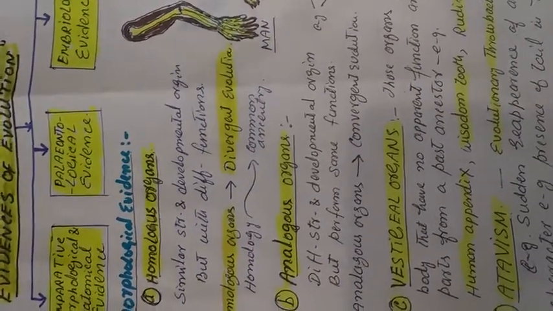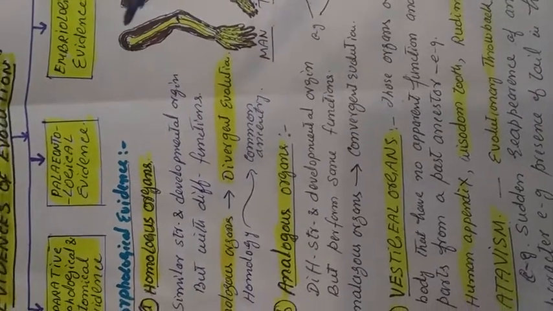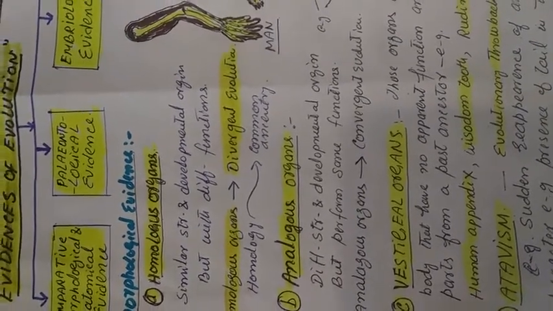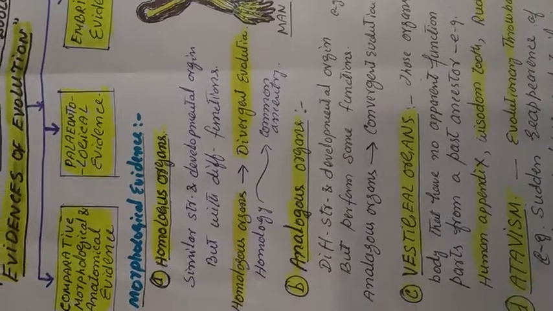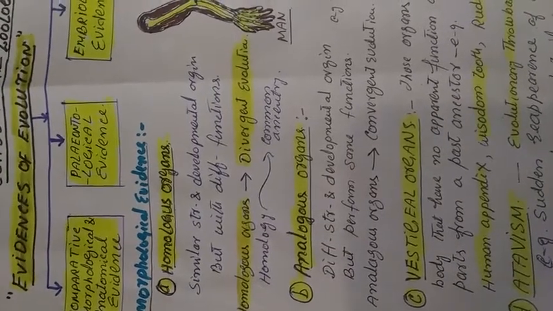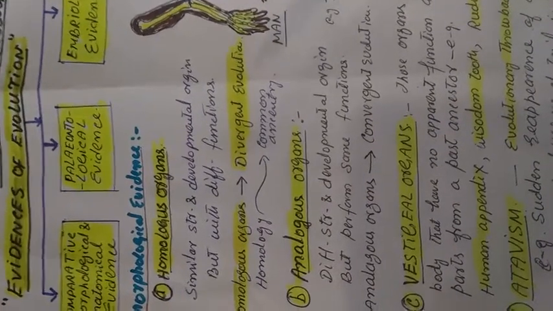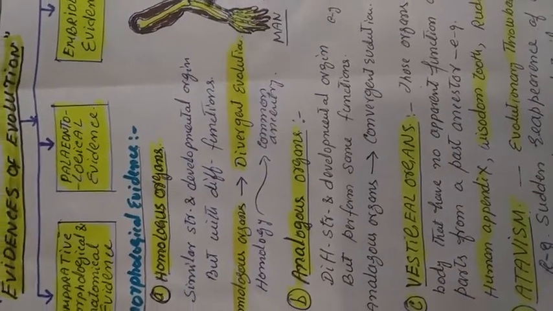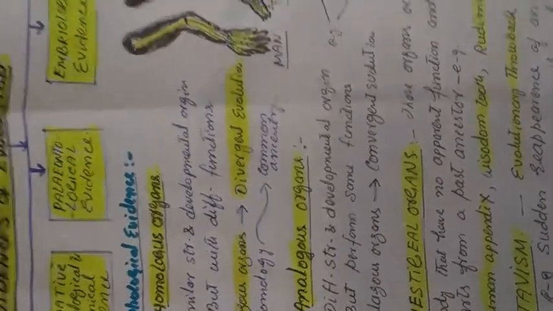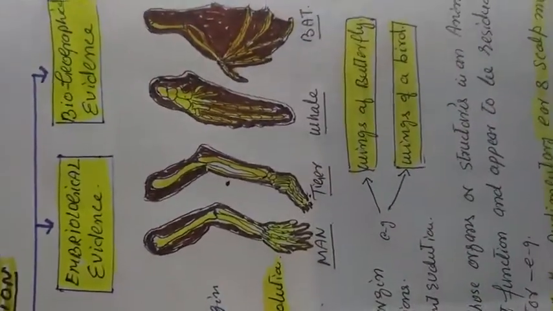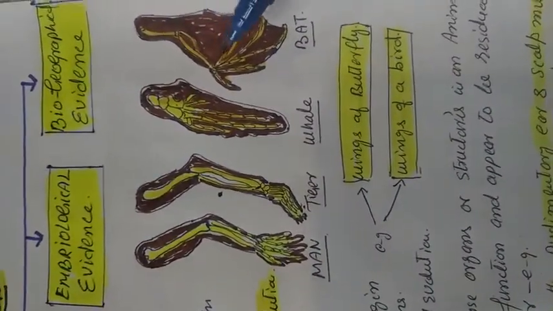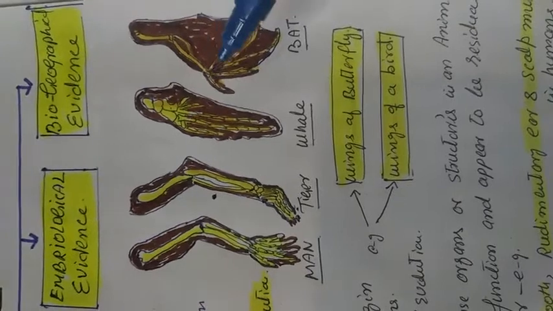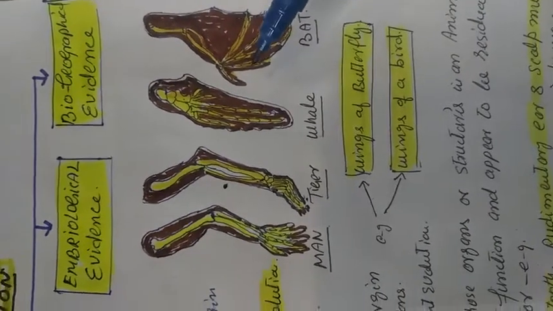For example, bats, whales, tigers, and human beings, all mammals, show similarities in the pattern of bones of forelimbs, as is seen in this sketch. This is the forelimb of a bat, which is adapted for flying.